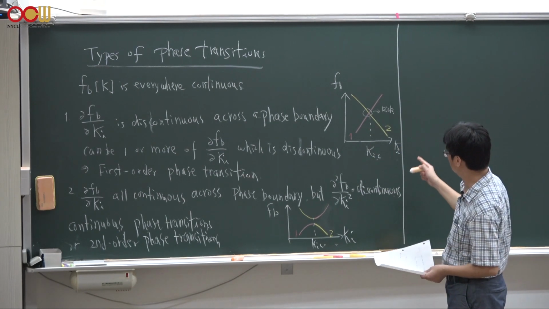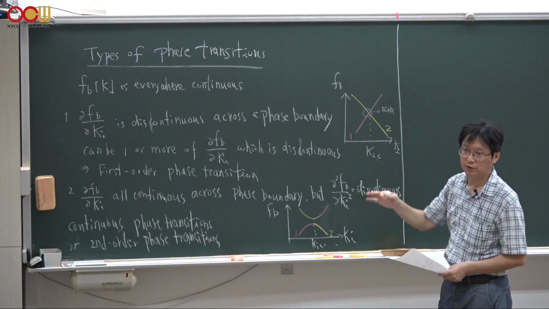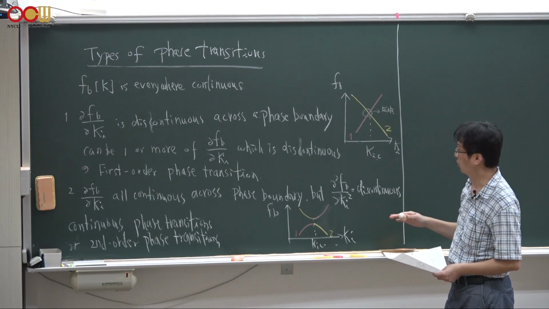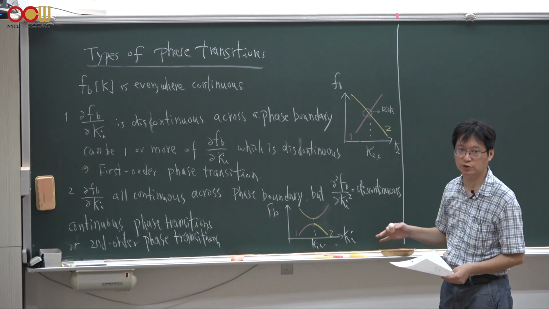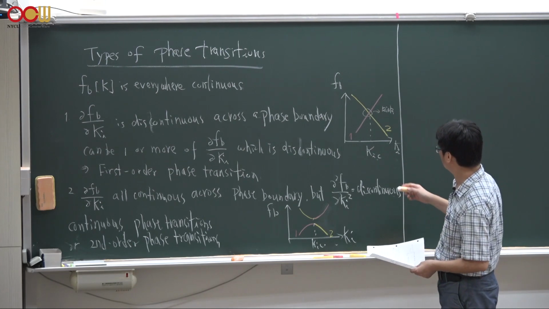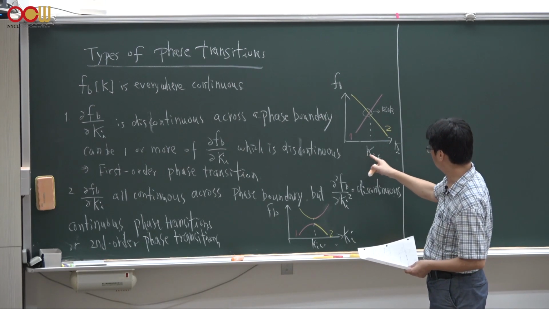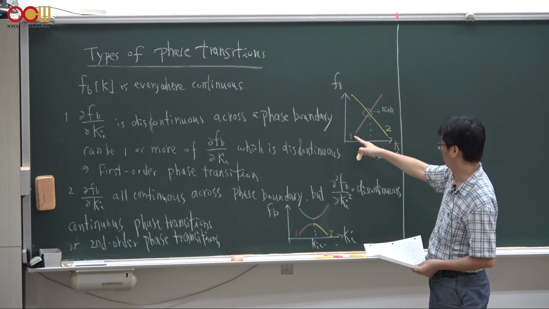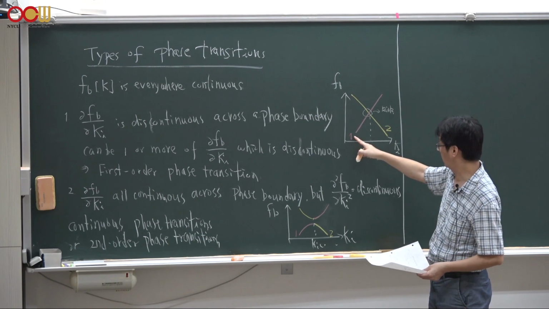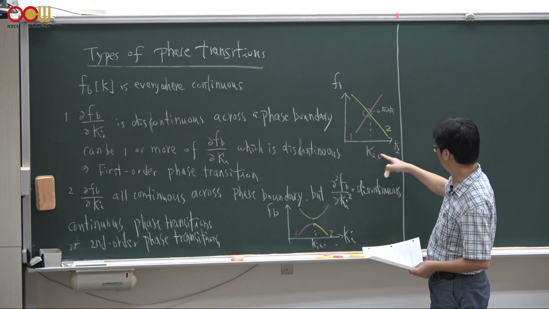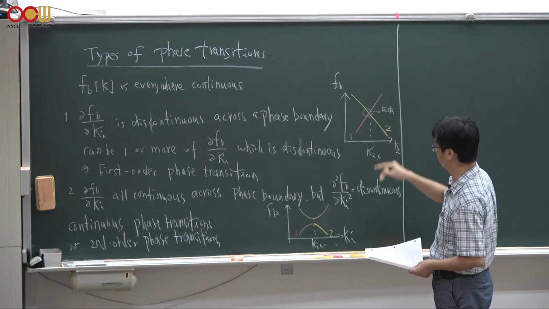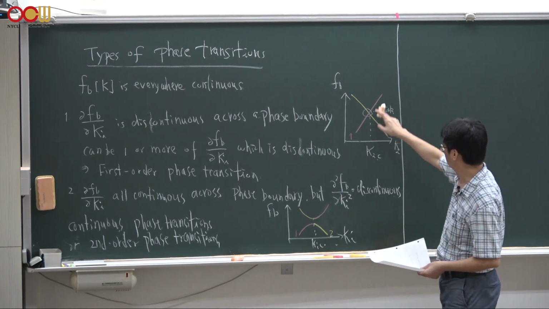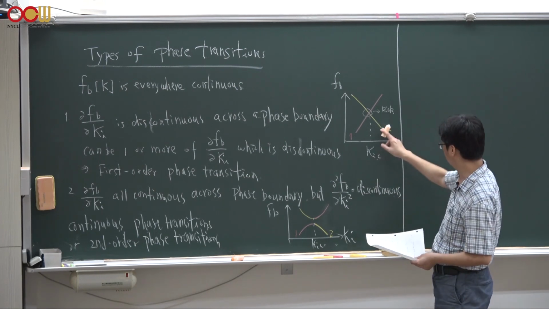But this is the first order transition, because if we look at the ground state, or the lowest energy state, which is more stable, we can find that for K less than the critical value, it is the red, which is the state 1, which is lower in energy, which is the ground state, which we call phase 1. Above Kc, it is the yellow line, which has a lower energy than the red line. So it is the phase 2.